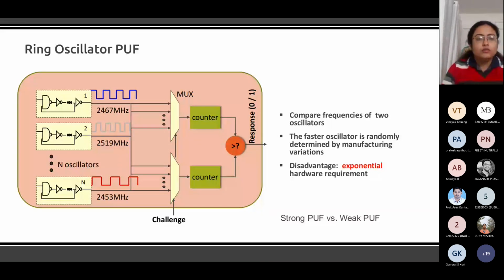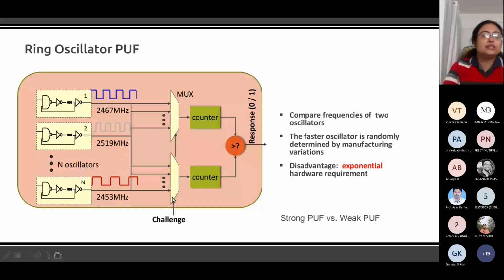Okay, so what we exploit over here is that we give a challenge to these 2 multiplexers. Half of the ring oscillators are connected to this mux and half of them are connected to the other mux.